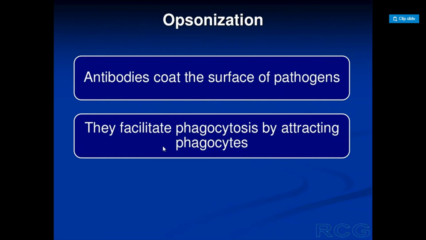Then the opsonization. Opsonization is when antibodies coat the surface of the pathogen and facilitate phagocytosis. They facilitate phagocytosis by attracting the phagocytes.